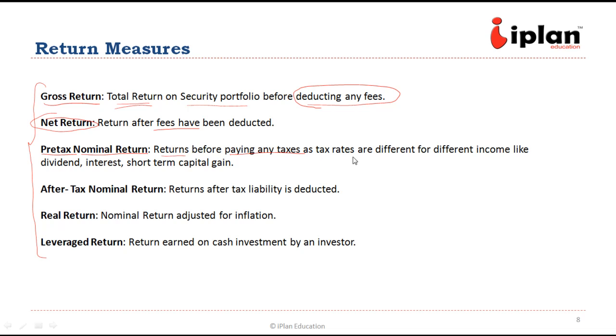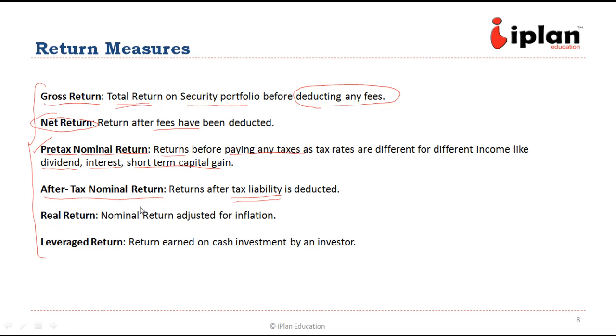As for different instruments or different types of income, the tax rate will be different. For example, for dividend, for interest, short-term capital gain, or even security transaction tax, all of them are different. So before paying any tax, we have pre-tax nominal return, and then we have after-tax nominal return after considering all the tax liabilities.